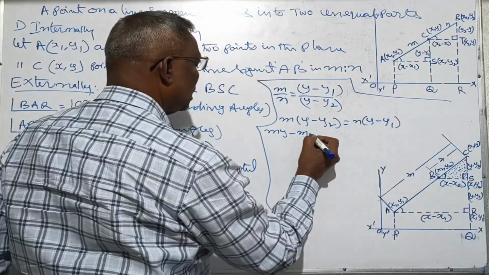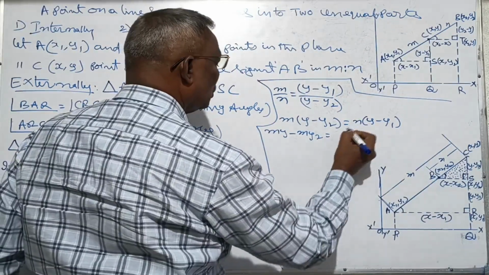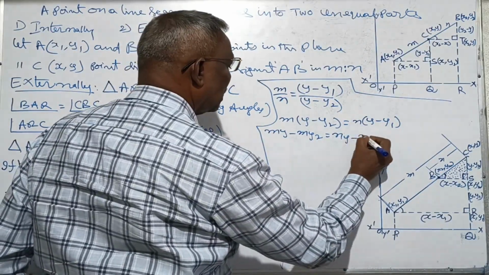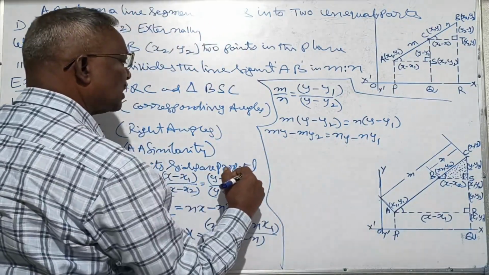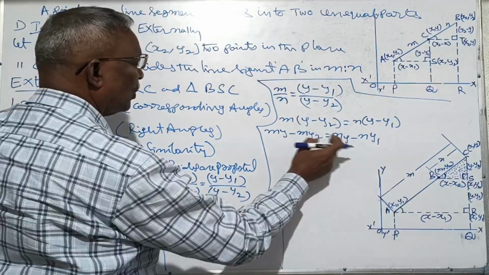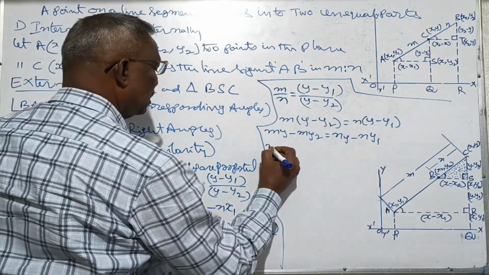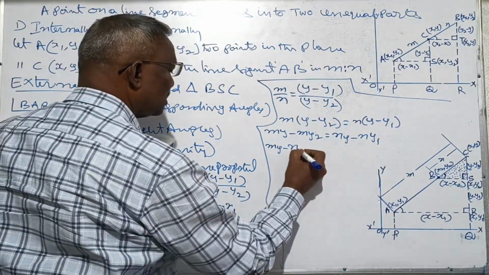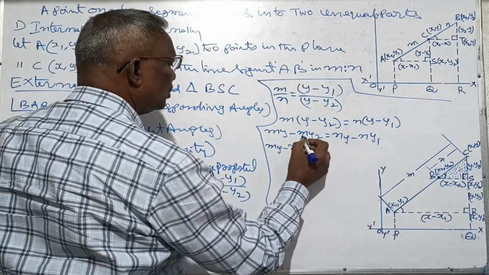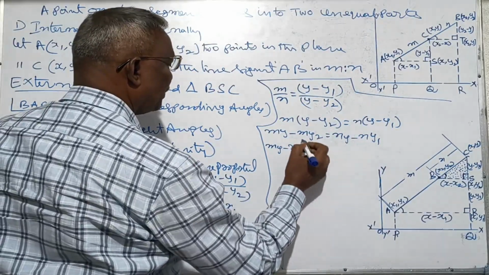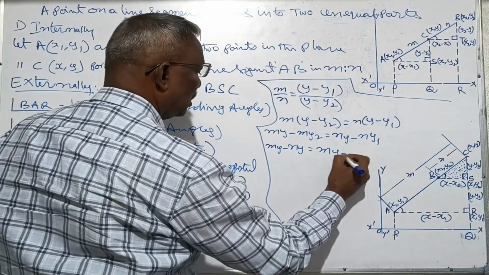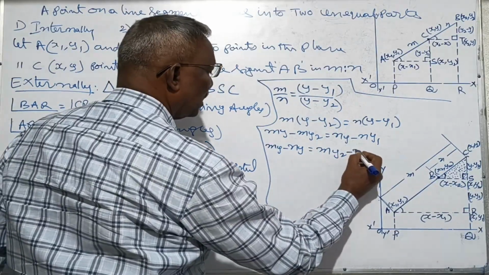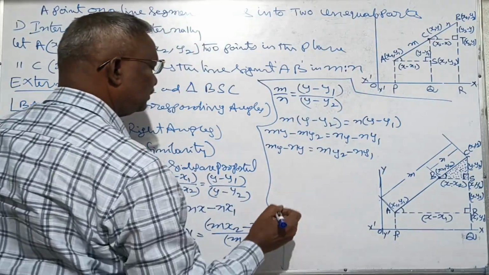My minus my2 is equal to ny minus ny1. Bring the y values to one side: my minus ny is equal to my2 minus ny1.